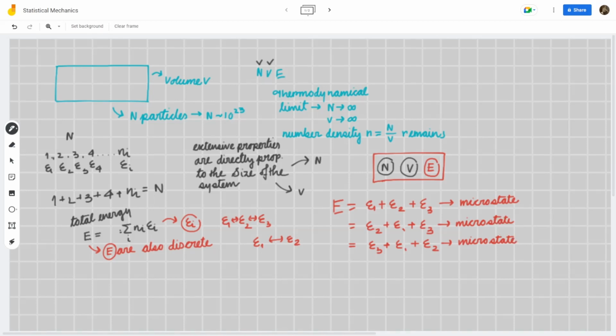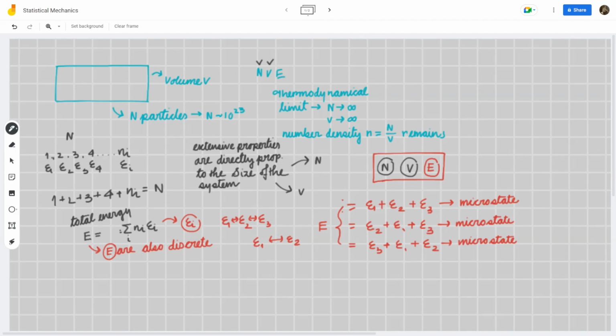Upon summing all the values, we will get the same E, but the combination or the process by which we are summing them is not the same in each case, so they are different from one another, but they are giving us the same macrostate. Thus, they are different microstates.